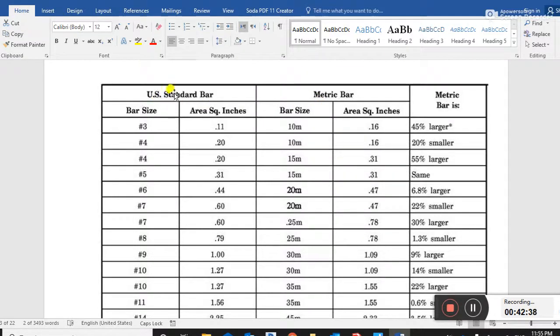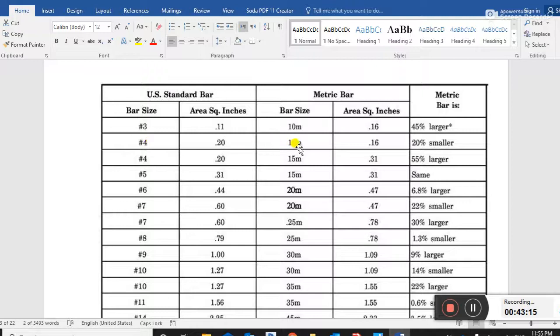US standard is always in inches and pounds, and metric is in meters. For bar number 3, the area is 0.11 square inch, and in metric the 10 millimeter bar area is 0.16, so the metric bar is 45% larger.